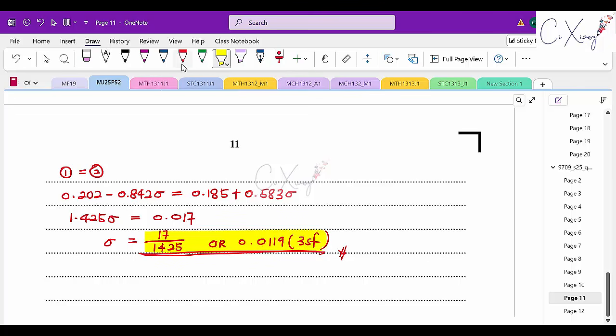After you get sigma, then of course you can continue to calculate the mu. So how to get mu? You can use any equation that you have just now, either equation number 1 or equation number 2. And when I try to get the mu, I will use the original fraction for the sigma. I will not use the simplified answer.